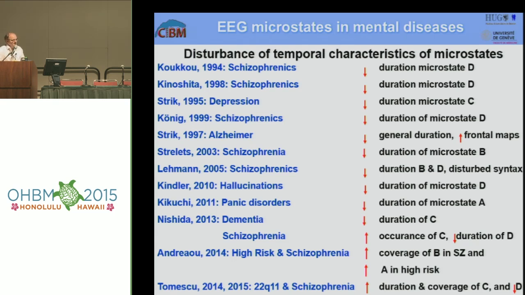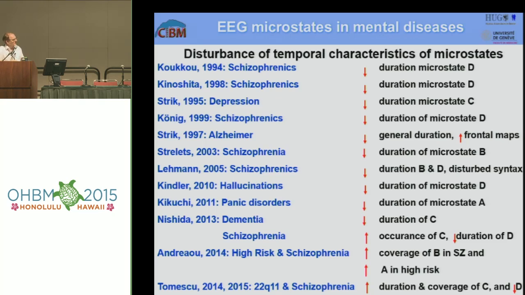I cannot go into details, but most of these studies showed a difference in the temporal dynamics of microstates, not in spatial configuration again, mainly differences in duration of these last two microstates, microstate C and microstate D.